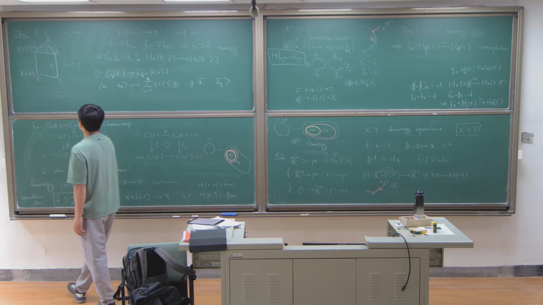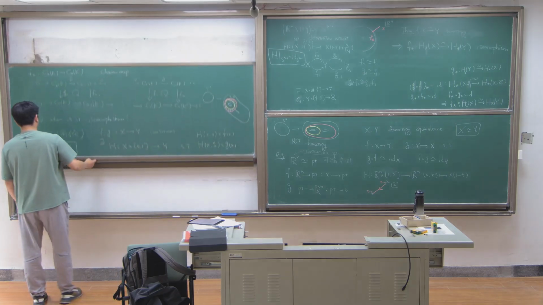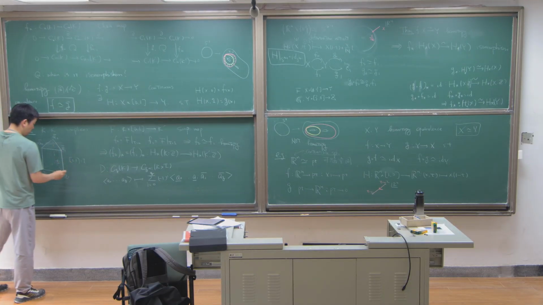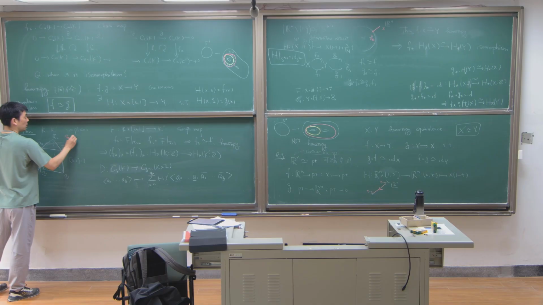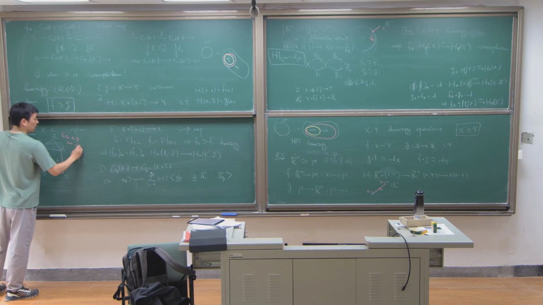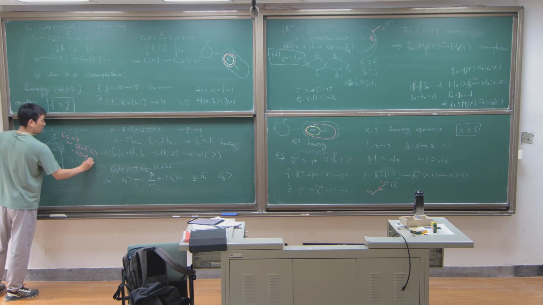For instance, if you have A0, A1, it is mapped to A0 lower, A0 upper, A1 upper, minus A0 lower, A1 lower, A1 upper.